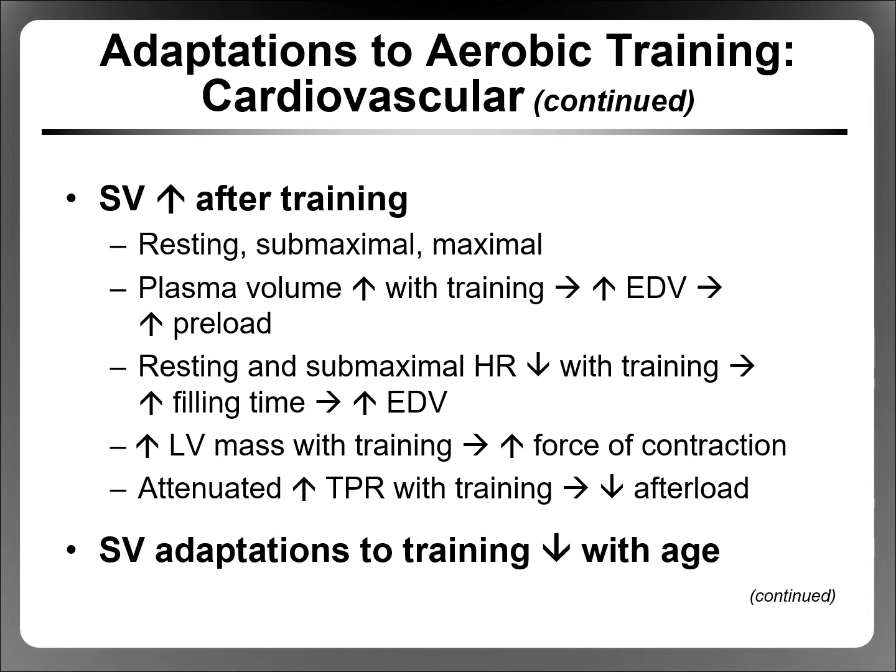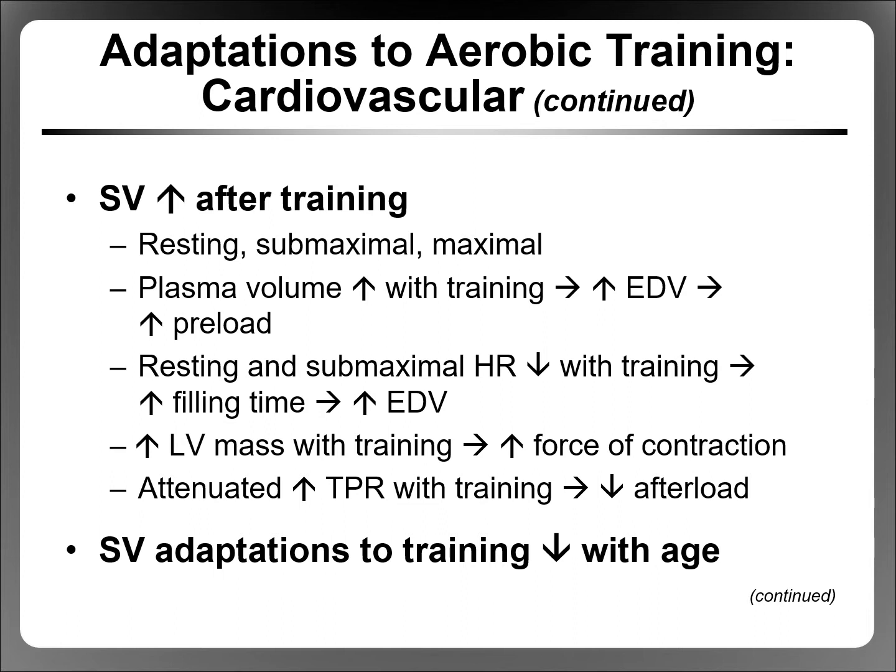We also know that our resting and our submaximal heart rate are going to decrease with training. This means we're going to have more time to fill the heart, which will also increase our end diastolic volume. Also, we're having increases in left ventricular mass with training, so we have more force of contraction.